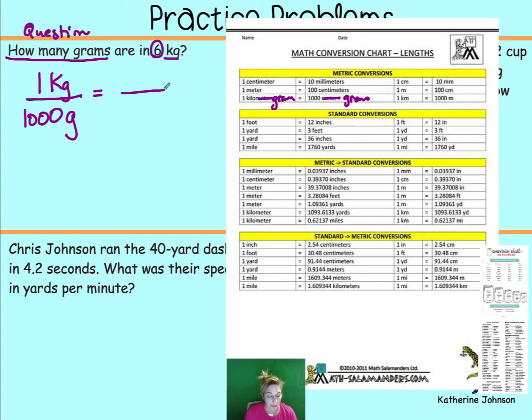And the measurement I'm given is kilograms, so that means 6 kilograms needs to go there. And this is what I don't know. So now I'm going to get rid of all of those measurements and rewrite this with just numbers and an unknown. So I have 1 over 1,000, and I have a 6, and I need a variable to represent what I don't know. So I'm going to put G for grams.